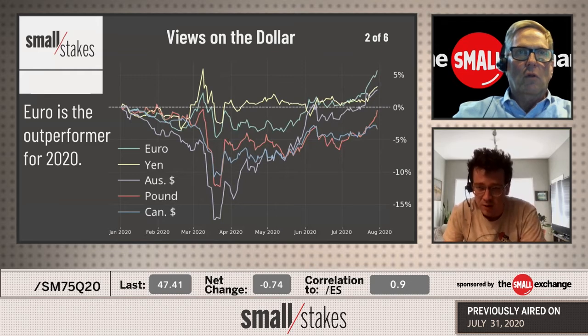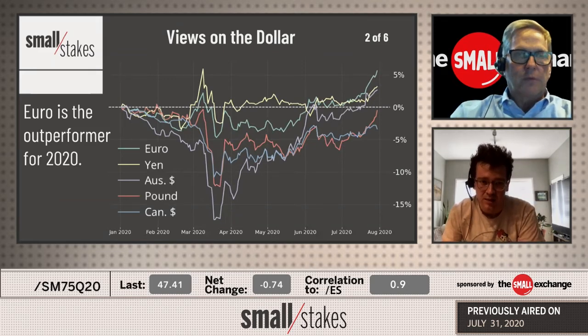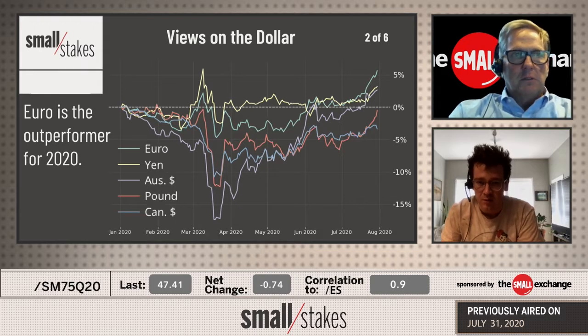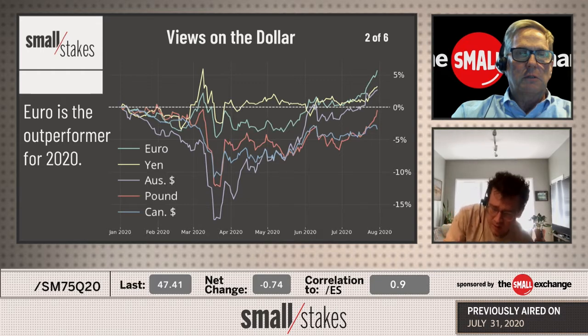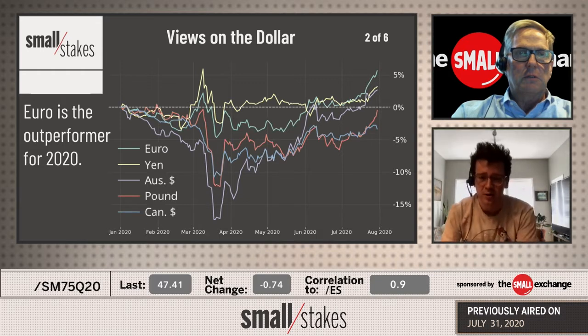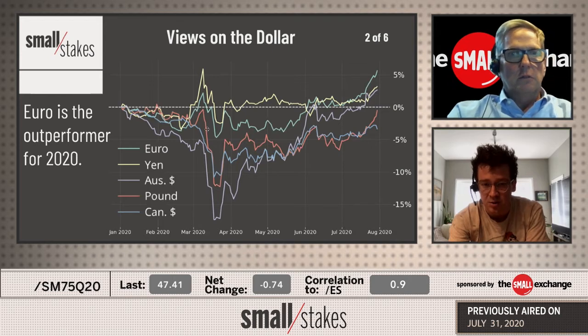But to put a little more context behind just the simple buying of SFX, Euro is the outperformer here for 2020. We're going to look at a very different story if you're just looking at the last few months. But this has been really nice, and you have been a large proponent of the long Euro trade here, Pete, in recent weeks, and you've seen this Euro claw back from being not the strongest performer.